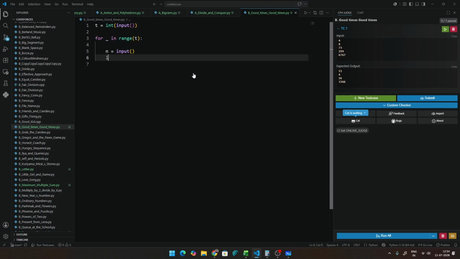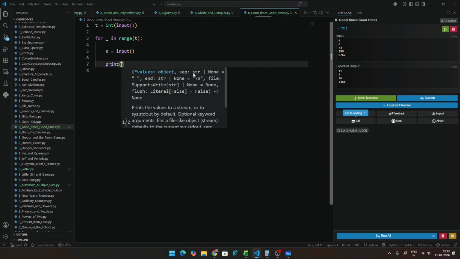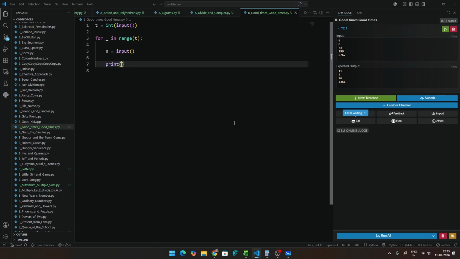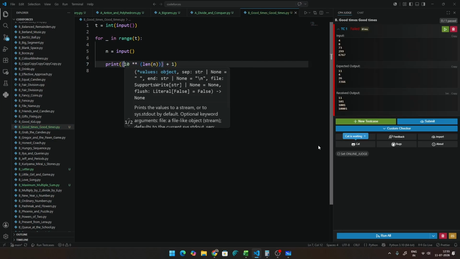Because then we can do something like len of n to get the length of n directly. That is what I'm going to do, because this number doesn't really matter. What matters is the number of digits in this particular number. So print 10 power len of n, right, plus 1. Let us go ahead and put this into brackets as well so that it's properly handled.